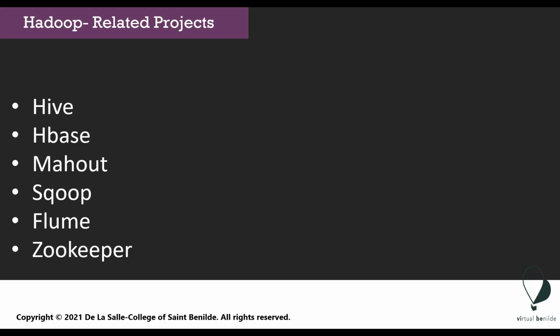Sqoop has connectors for working with a range of popular relational databases, including MySQL, PostgreSQL, Oracle, SQL Server, and DB2. Each of these connectors knows how to interact with the associated DBMS.